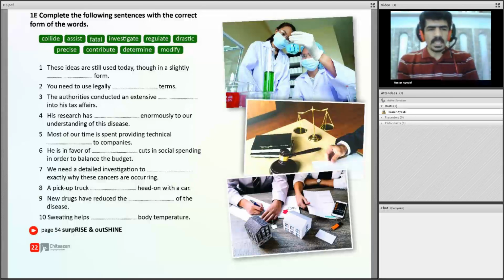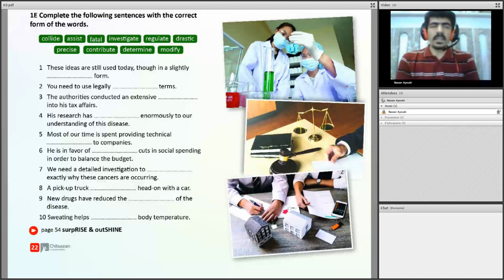Number 8, a pickup truck collided head-on with a car. Pickup truck or pickup is a vehicle with low sides and no roof at the back. And there is a point here with head-on. Head-on here functions as an adverb: collided head-on.